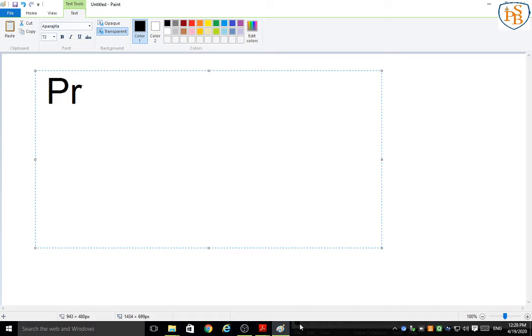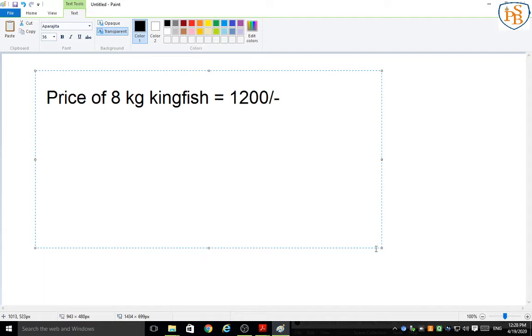You also solve with me. Don't look here, you solve your own. Afterwards you just check. The price of 8 kg kingfish is equal to 1200. Correct?